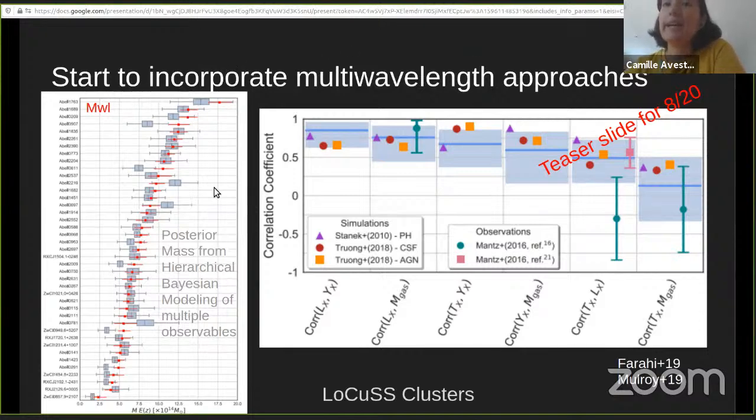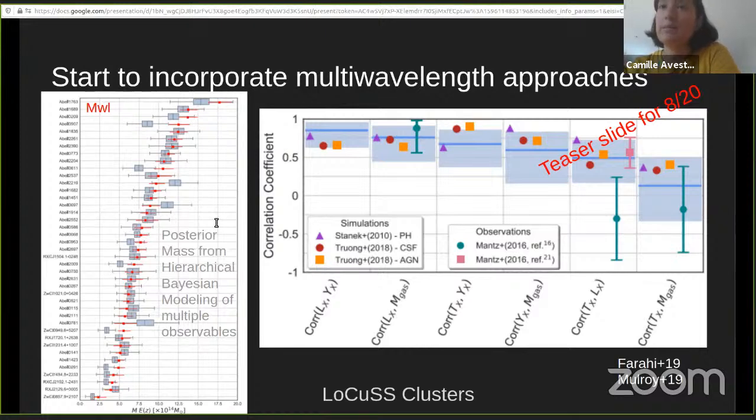On the right-hand side, this is essentially showing the power of using multiple simulations to validate what you're interpreting in your observations. So this is showing the correlation coefficient between a handful of gas observables, L_X-M_gas, Y_X-M_gas, etc., for 3 different simulations using either different physics implementations or numerical approaches.